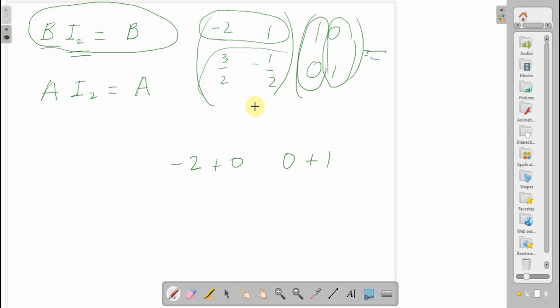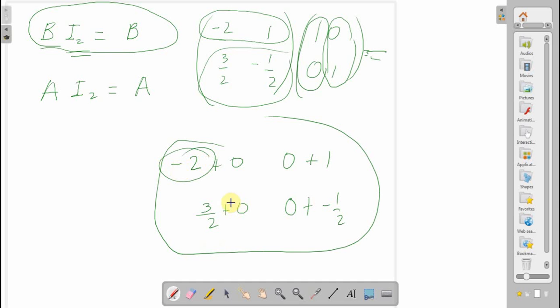And then second row, first column, 3 over 2, and then minus 2 times 0. And then 0 plus minus 1/2. So you'll find that we still get minus 2, 1, 3 over 2, and minus 1/2.